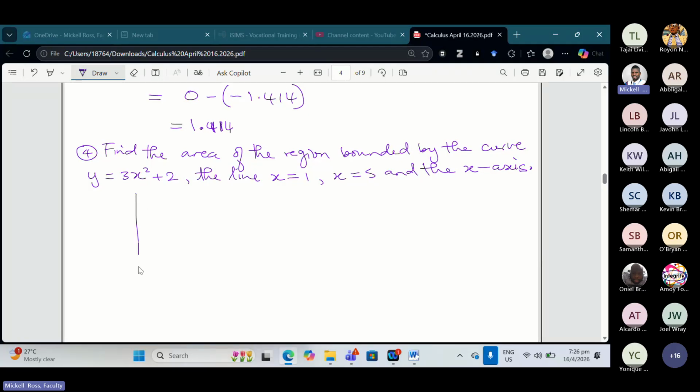So what is it that they're saying? Let me just give a quick little sketch of what this is saying.